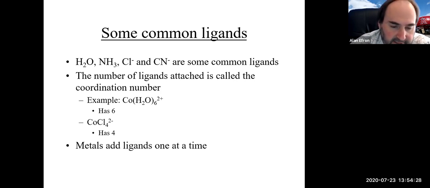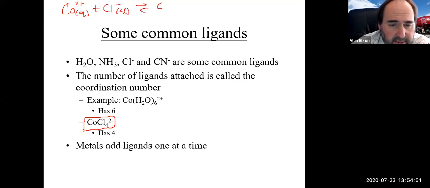So for example, if we take this guy right here, what we have going is 4 Cl minuses that are going to be attached. And these do happen, as I mentioned, one at a time. So the first thing that would happen is we would slap on a Cl minus, and we would get something like CoCl plus.